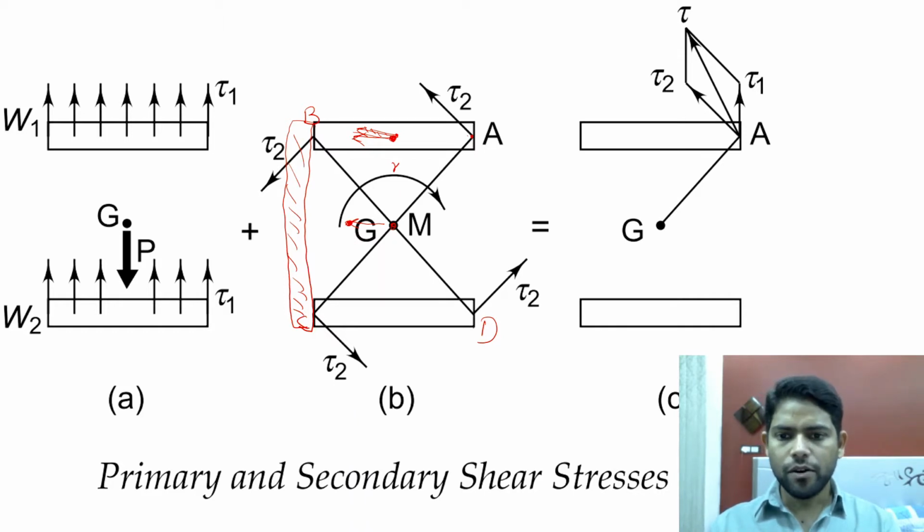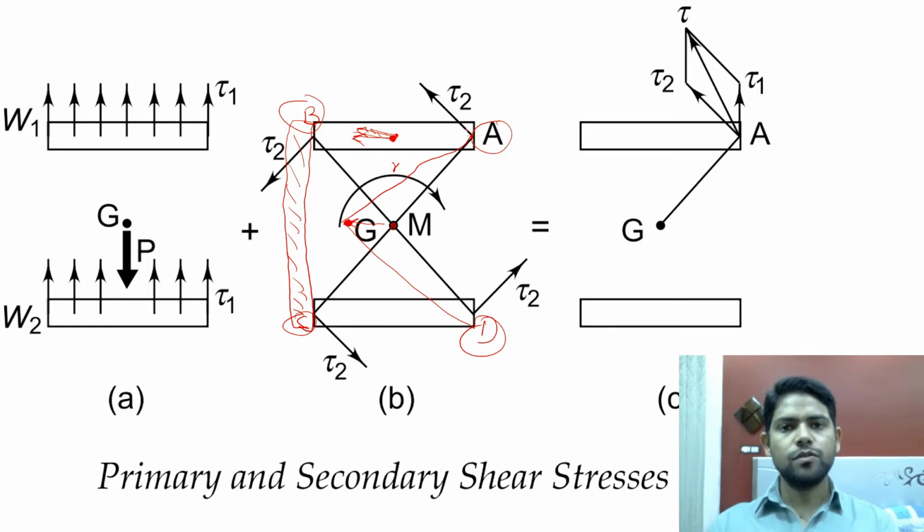Now if you consider the centroid at this point, B and C are no longer the farthest points, whereas points A and D are still the farthest points. So for calculation of secondary shear stress in this particular case, you will either choose point A or point D. You will not go for B and C, because if you do, you will end up designing a weaker welded connection.